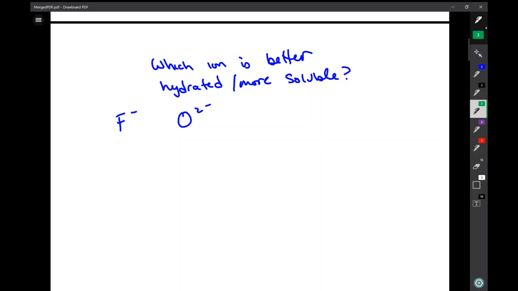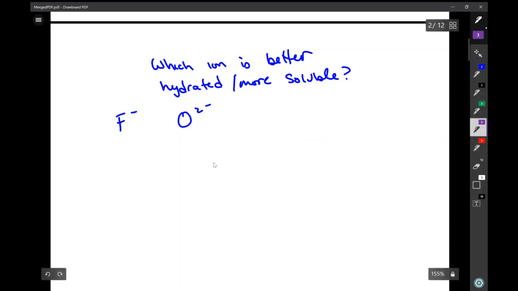In other words, some ions will dissolve a lot more readily than others based on their atomic structure. Some are pretty straightforward to figure out, like this. What do you think will dissolve better or have a greater attraction to a water molecule? Really, that's what you think about here: which of these ions have a greater attraction towards a water molecule?